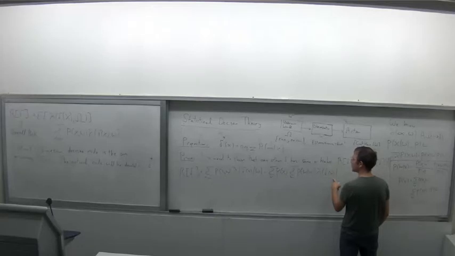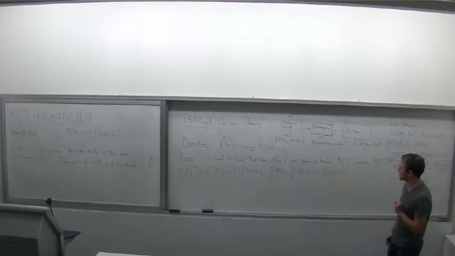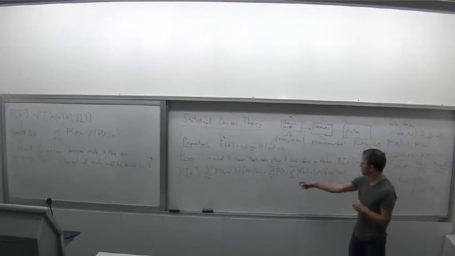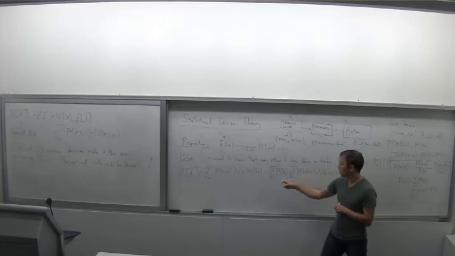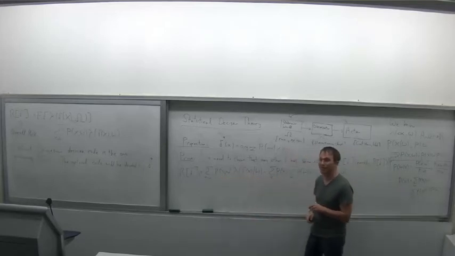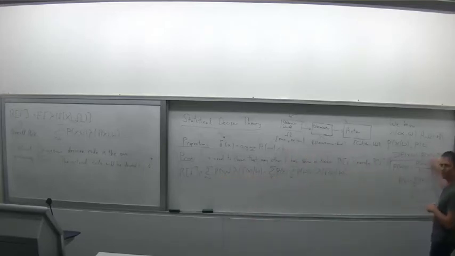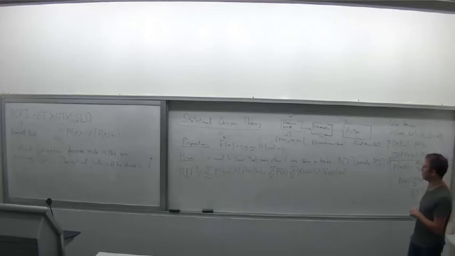I think there is a step missing. No, this is true, right? Why can I do this? Because p of x times p of omega given x is p of x and omega, right? And this is true because of this right here.